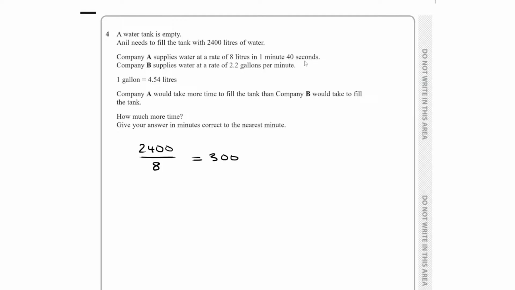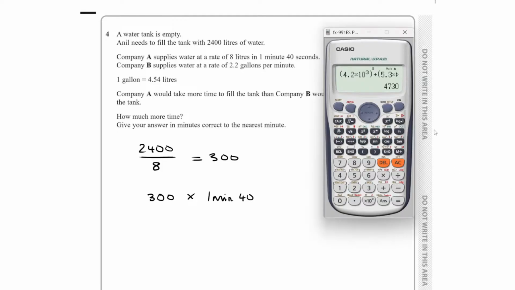300 lots of 1 minute 40. So then I worked out how much time is that in minutes. So 300 times 1 minute 40, which I converted into minutes. You might know 40 seconds is 2/3, so it's 1 2/3, but if you don't, that's 100 seconds, isn't it?